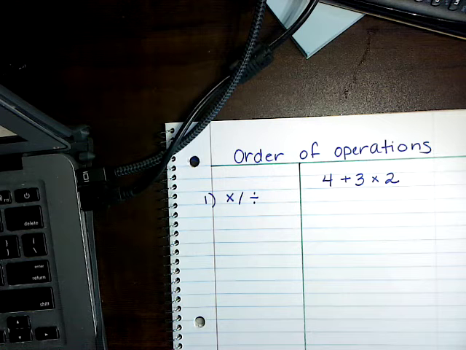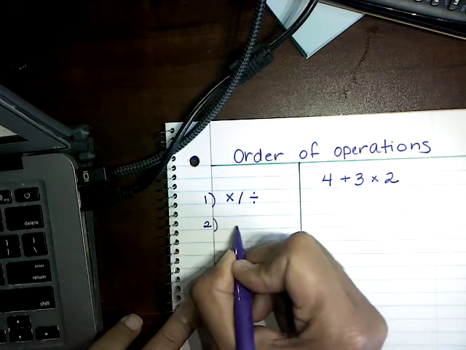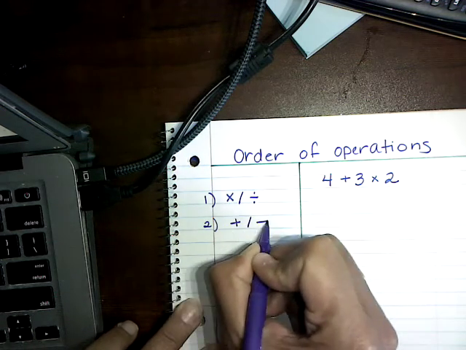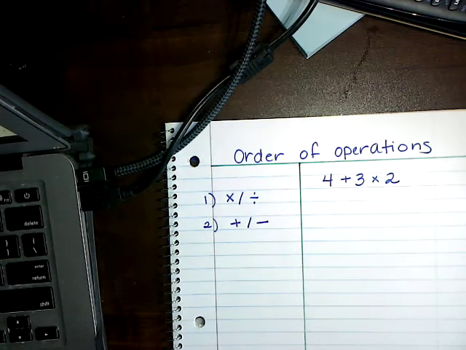We're going to change the rules and they'll be longer, but just today, you're only going to have either multiplication or division. You do that first. And then number 2, you add or subtract. Okay? There's only 2 rules today.